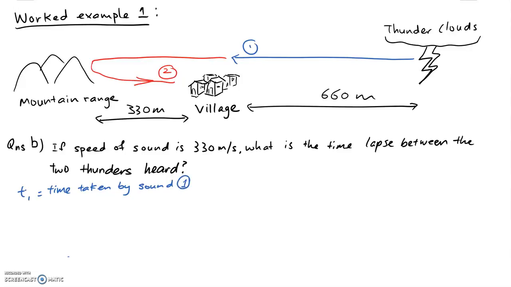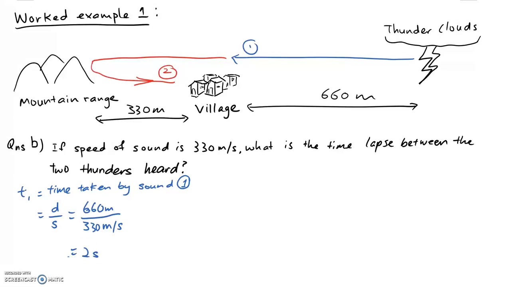Okay, so you know that T1 is equals to distance over speed. So the distance traveled by sound 1 is 660 meters, right? And the speed is 330 meters per second. I hope you have no problem understanding this part. So this will give you 2 seconds, right?